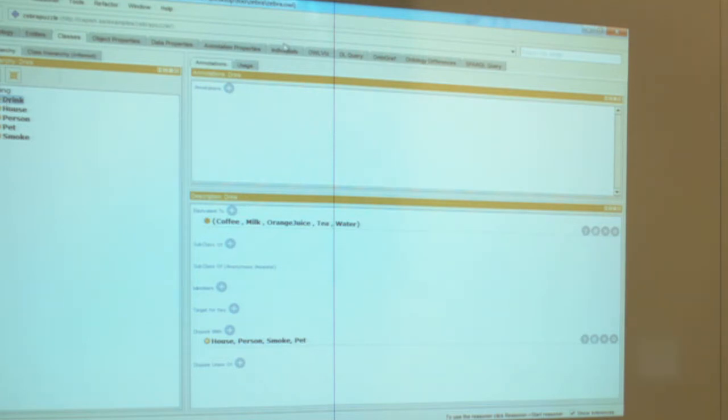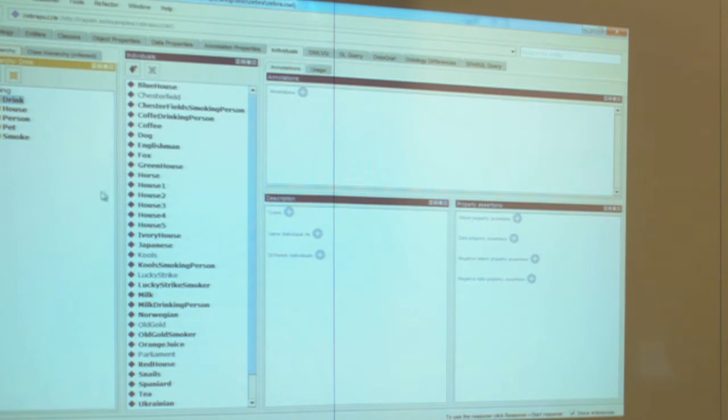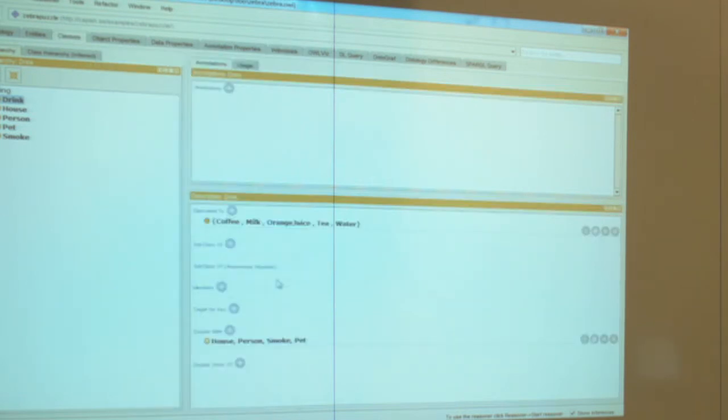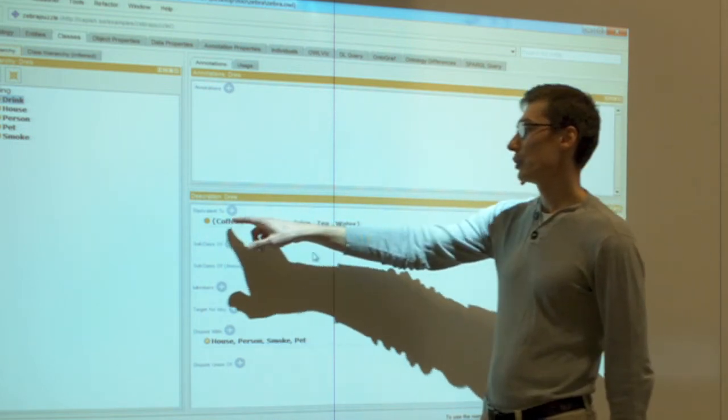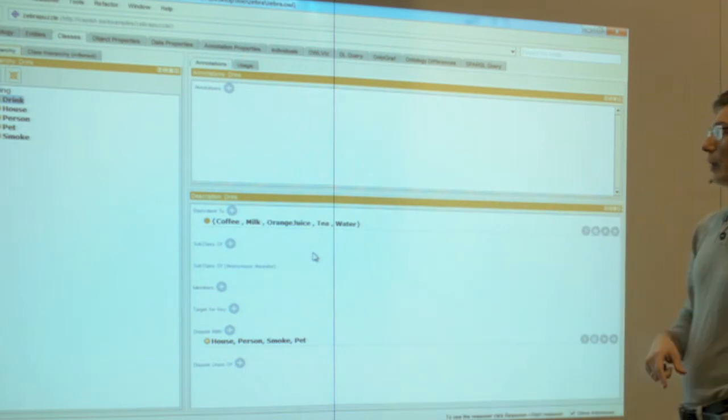You open the tab and define an individual which is called coffee. But you don't need to state anything about it in the beginning. Then in your class definition of drink, you say that your class is equivalent to one of these instances. So these are the instances which comprise this class.